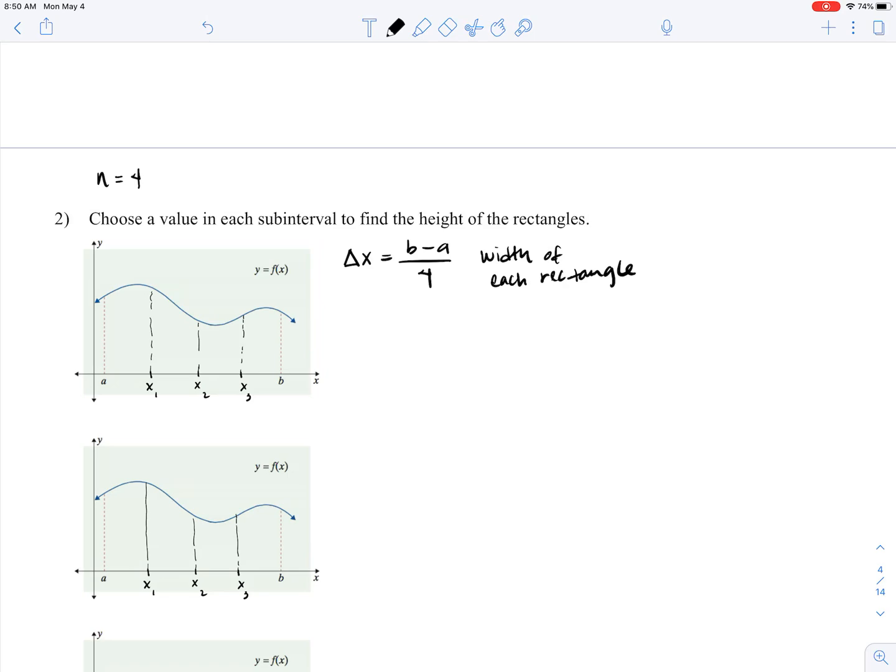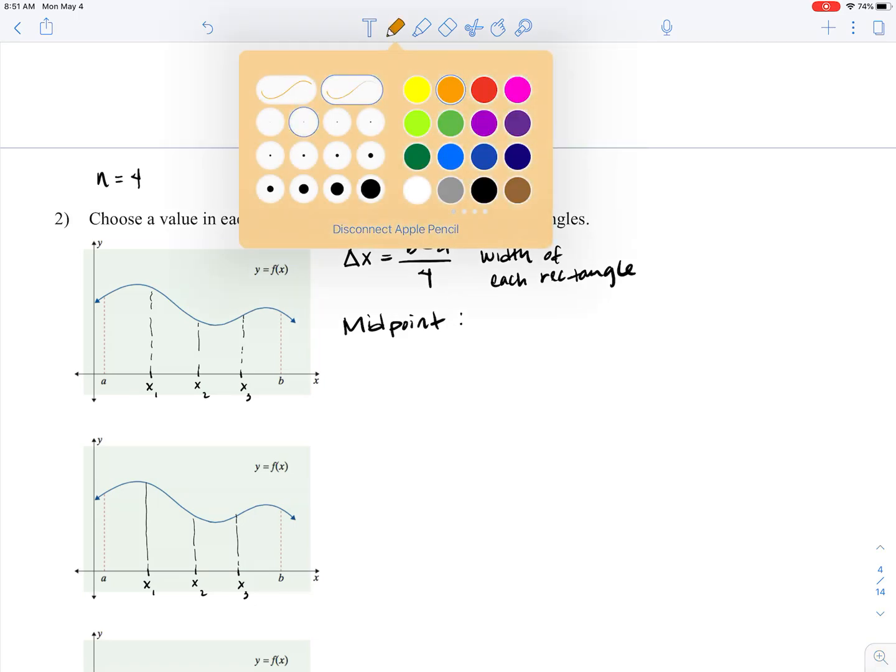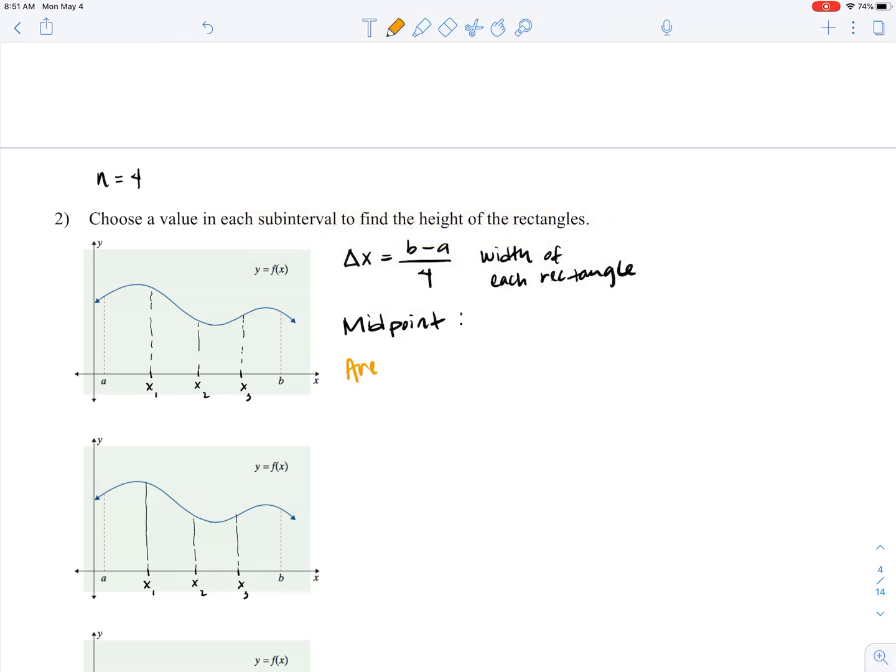And I'm going to show you how you could do that, finding the height of each rectangle using each of those different methods. So first, let's start by using the midpoint to find the height of each rectangle.